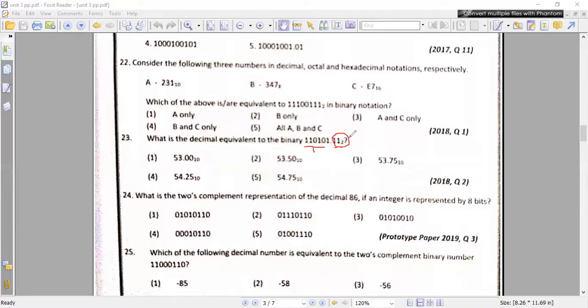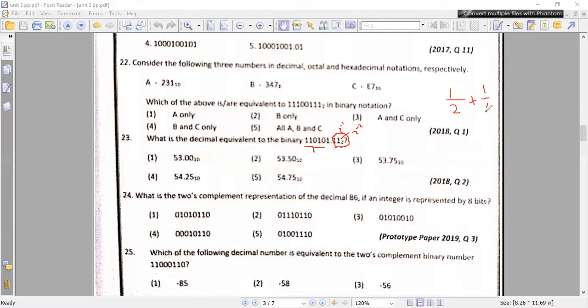So how to calculate? This is to the power minus 1, this is to the power minus 2. When you write it down, 2 to the power minus 1 means 1 divided by 2, plus 2 to the power minus 2 means 1 divided by 4.